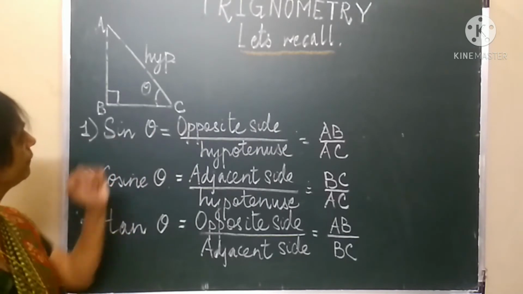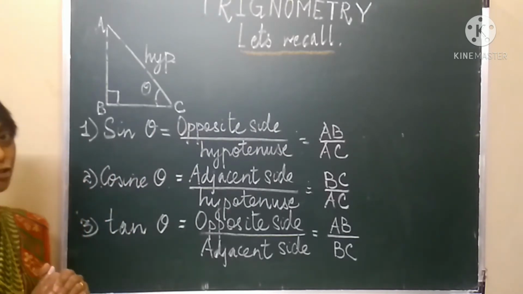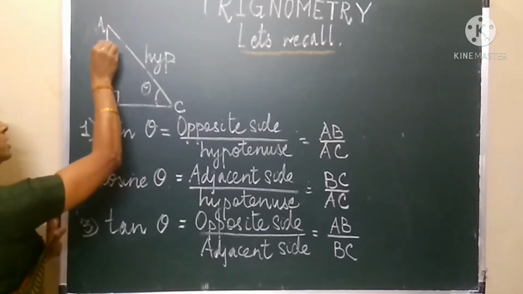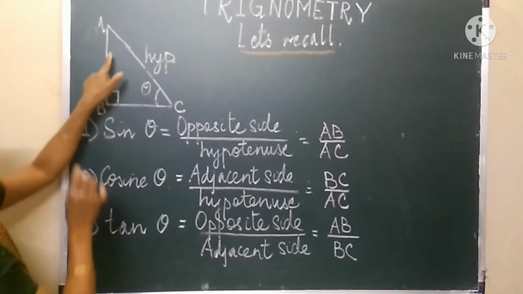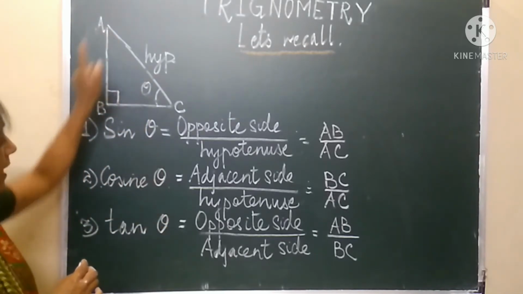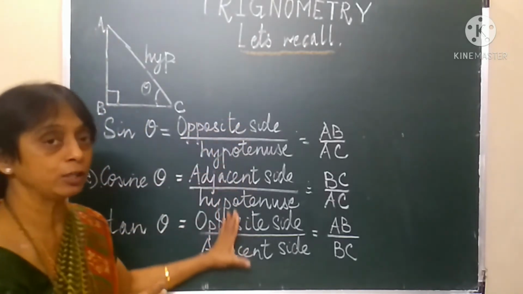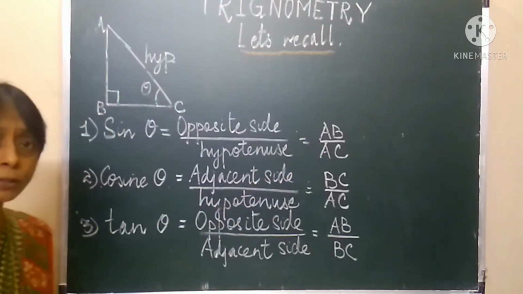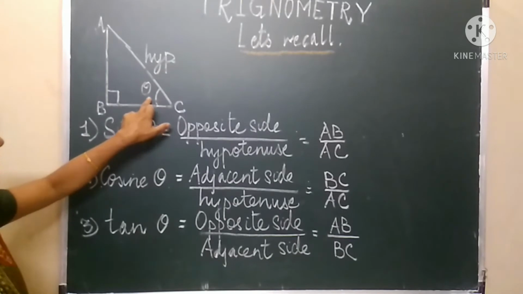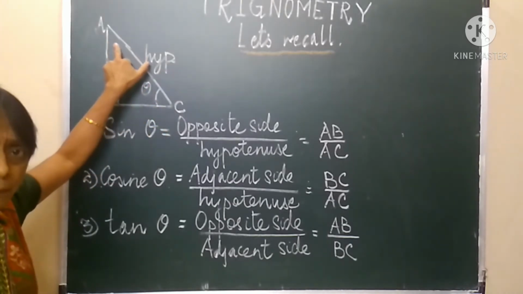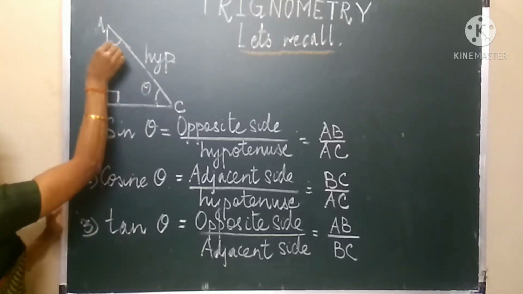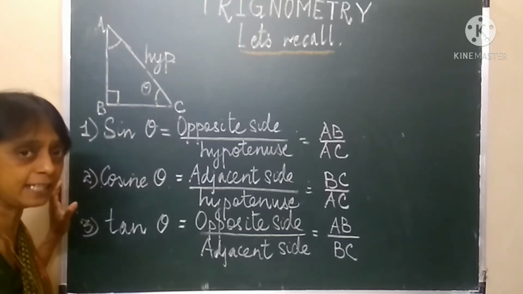Now children, looking at the figure, we have one more acute angle for this triangle. Which is that? That is angle A. Now, logically speaking children, you can write it as sine of angle A, cosine of angle A, tan of angle A, and by using the general formula, we can find out its values. But logically, if this is theta, how much will angle A be? Definitely, as both together are 90, A plus C is 90.